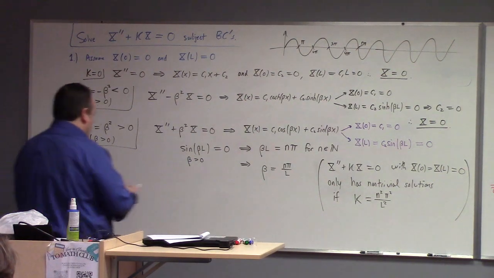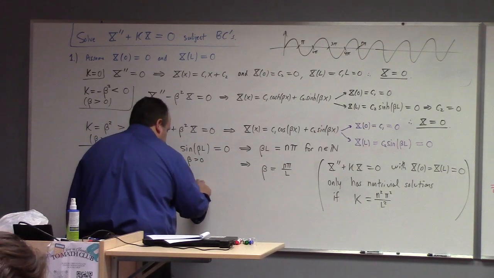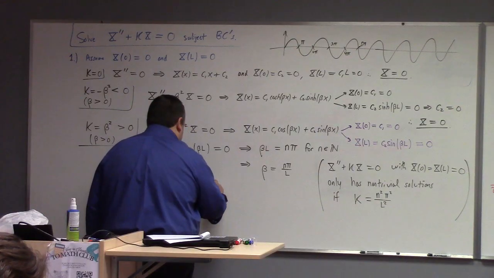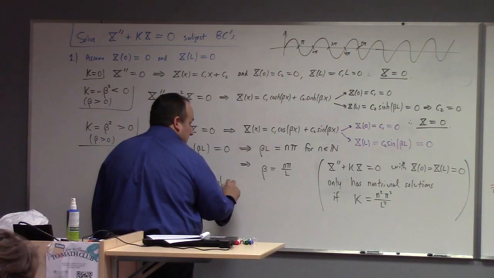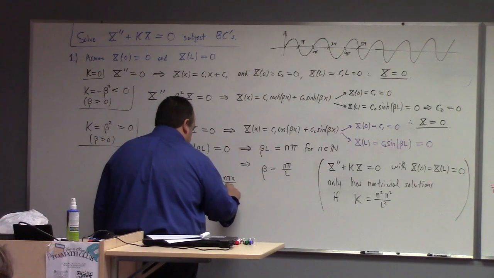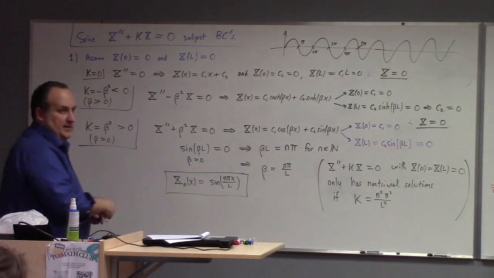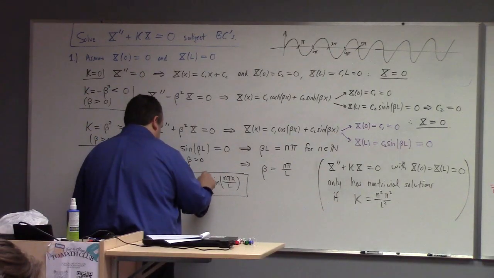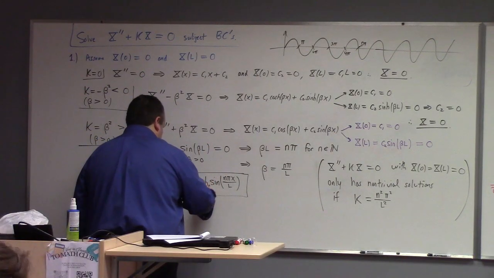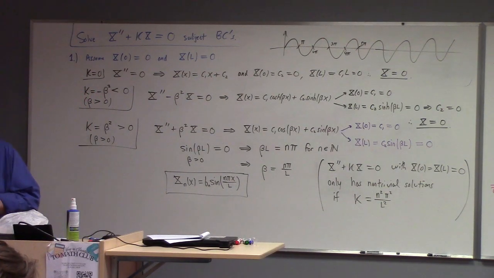So in fact, what we just found was that X sub n of x has the form apparently sine of n pi x over L. Basically, like any one of these, you could put a constant in front, B sub n, whatever. Anything here that solves the boundary conditions, as long as we have k equal to n squared pi squared over L squared, yeah? And it's easy enough to see that that works.